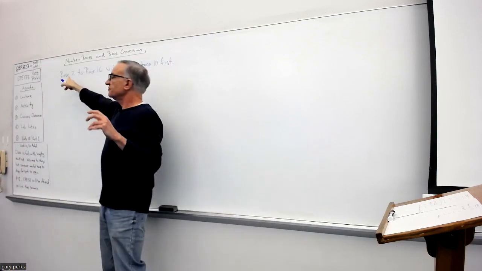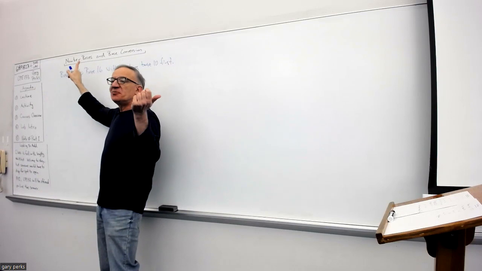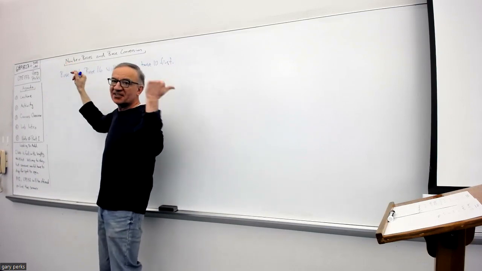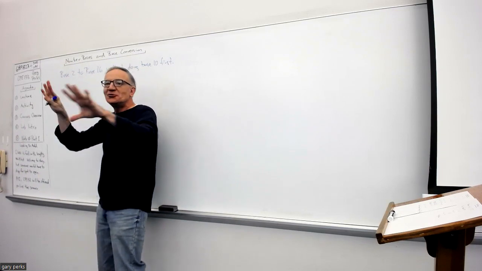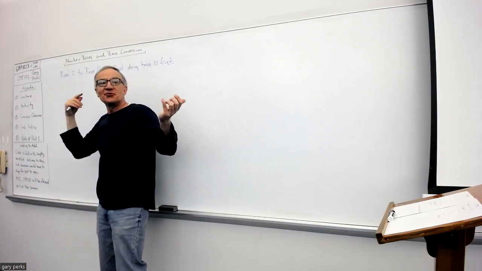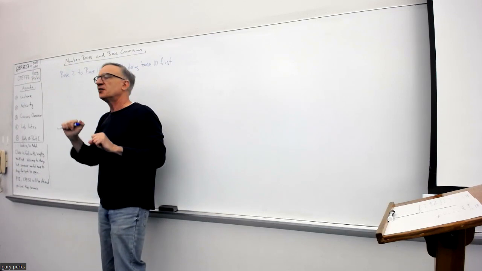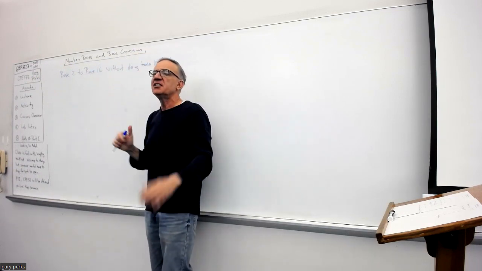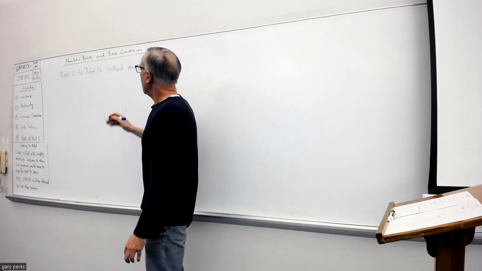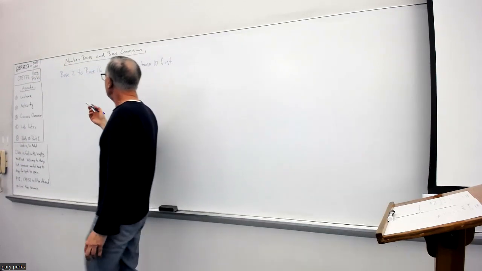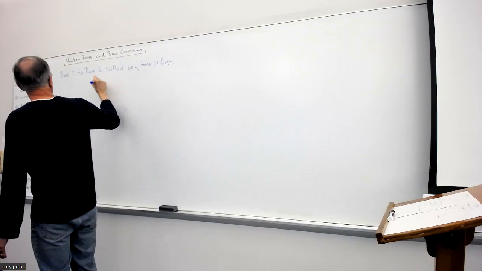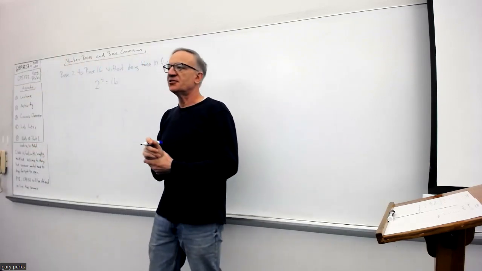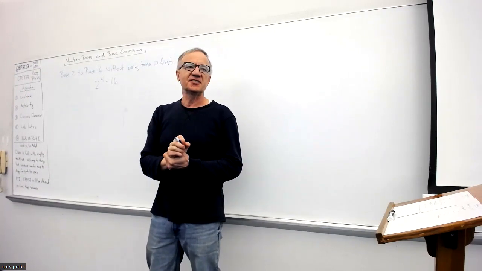Because we did base 2 to base 10, that was one of the earlier examples, and we did base 10 to base 16, that was an early example. So you could do this by going through base 10 first. But I want to show you a technique where you can do it directly because it's just simpler and very useful. And what I'm about to show you is based on 2 to the 4 is equal to 16. If you take 2, raise it to the 4th power, 16, as you all know.